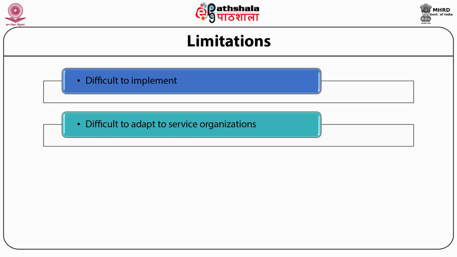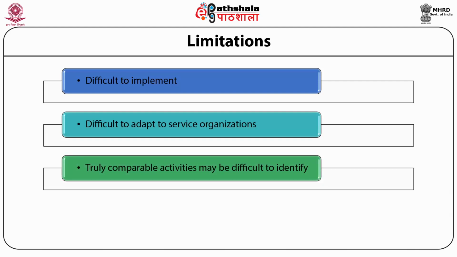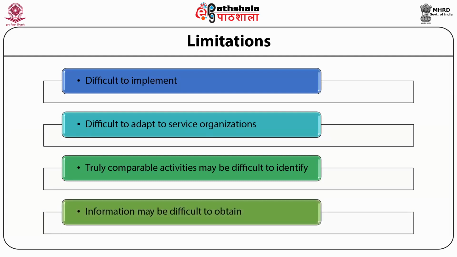The next limitation is that truly comparable activities may be difficult to identify. And without proper information, the real benefit of the value chain analysis does not accrue to the organization. So information collection may be really difficult for organizations to obtain.